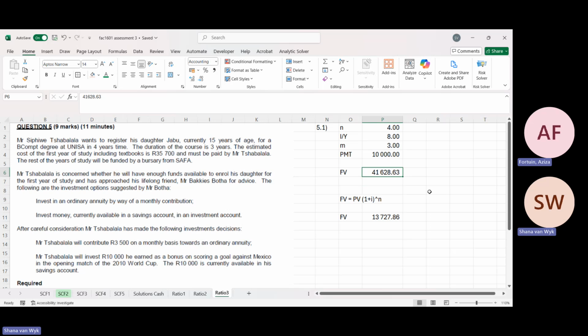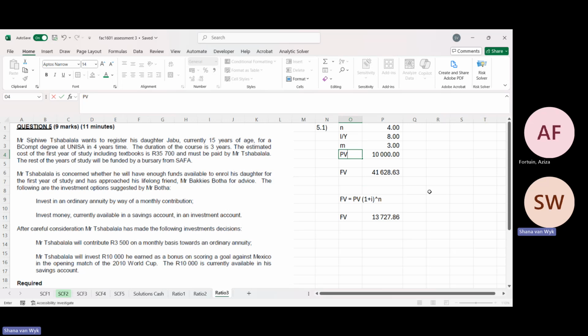Because you used N as 4 and not 16. I'm wondering now, I think I shouldn't have used payment. This isn't an annuity. Sorry, PV. I'm going to do it one time. Payment. Okay.